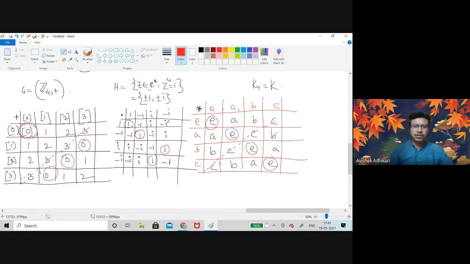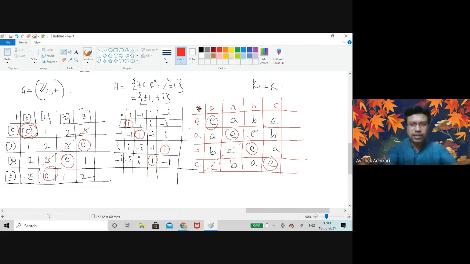But here this is not the case. Oh, here also the same case: minus i, minus i, minus i, minus i. So almost the same case, but I'm saying that there is a difference between the similarities.